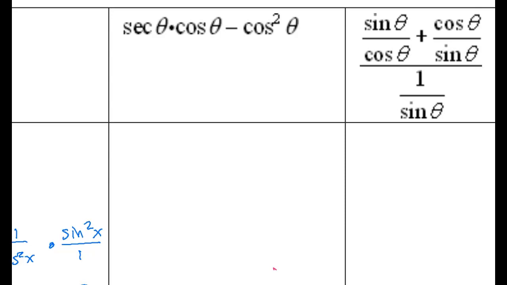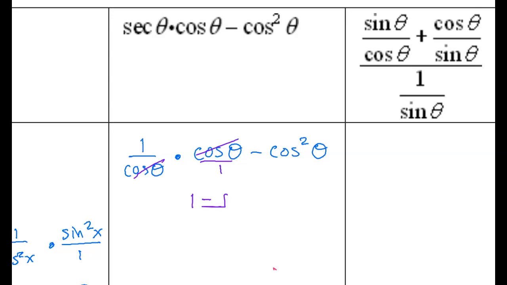So if I have secant of theta, what you would write is 1 over cosine of theta times cosine of theta minus cosine squared of theta. Now notice here, I'm multiplying 1 over cosine of theta times cosine of theta. Well, guess what? That cosine of theta is over an invisible 1. Whenever we have a like term between the numerator and denominator, they cancel, leaving us with 1.